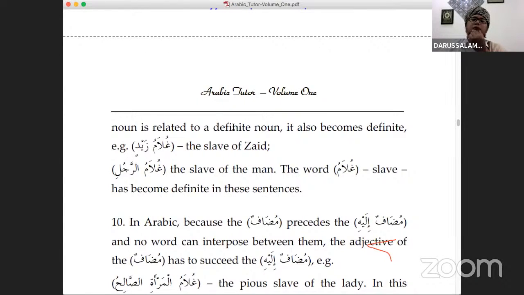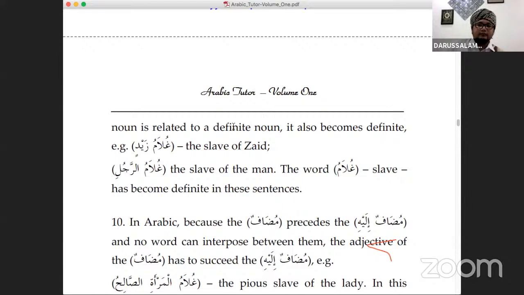Okay, and then if you remember, in the very beginning, when we talked about ma'rifah, we said that if you make a mudaf to a ma'rifah, then the mudaf is also ma'rifah.